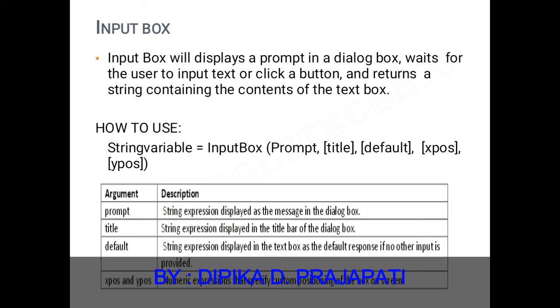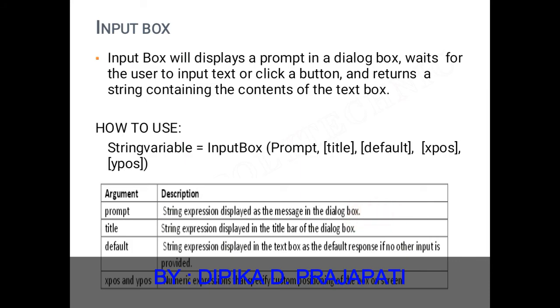How to use input box? The syntax is: string variable equals input box, with a prompt, then title, default, x position and y position. Now the description of these arguments. Prompt is a string expression displayed as a message in the dialog box.